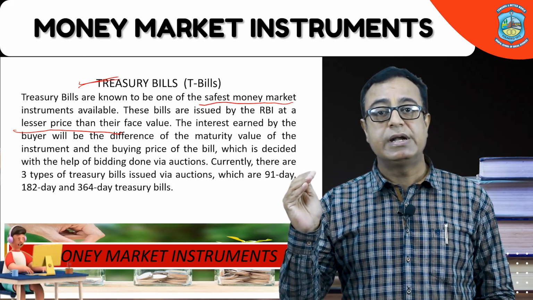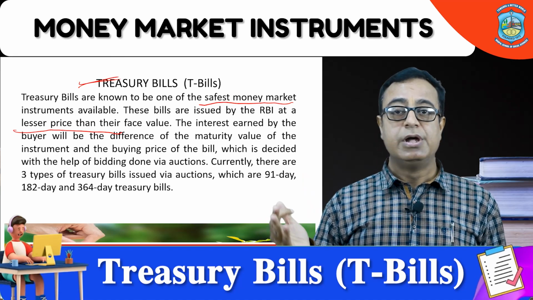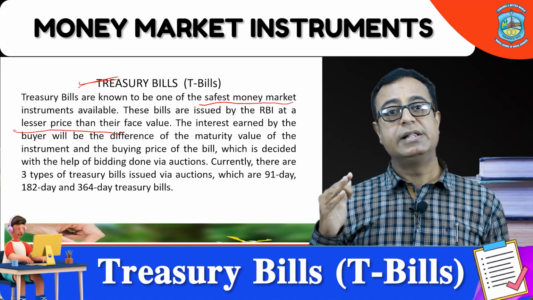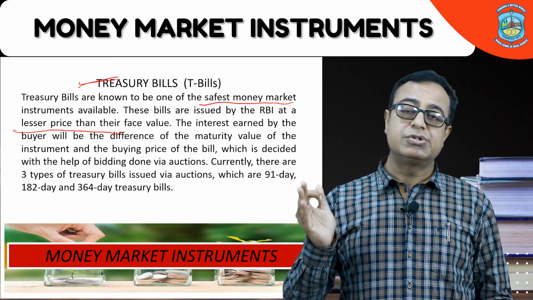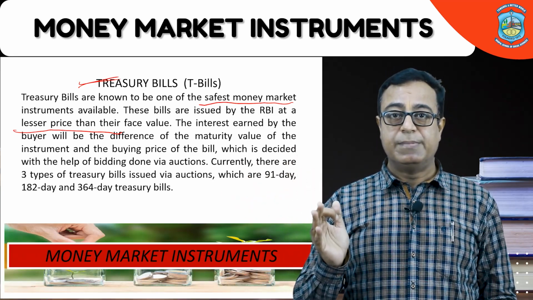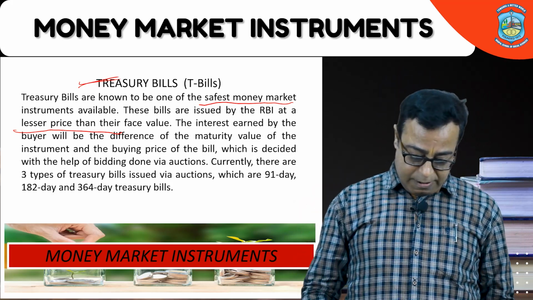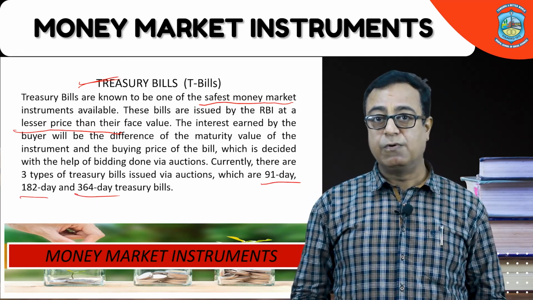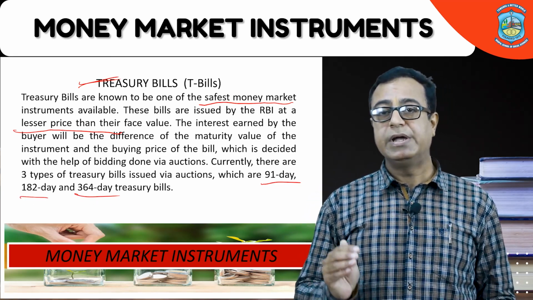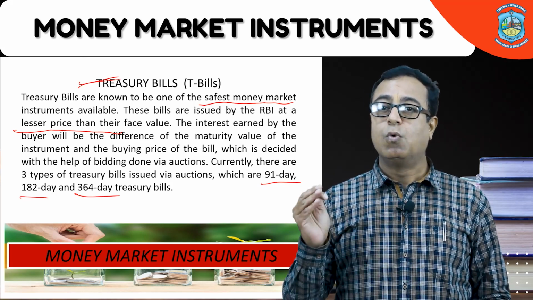Suppose it is issued at 96. But these instruments are redeemable at the face value. It means the issue price and the redeemable price, the difference of these two will be the interest on these particular treasury bills. These bills are issued generally for the period of 91 days, 182 days, 364 days, means the maximum period of these bills is 1 year.